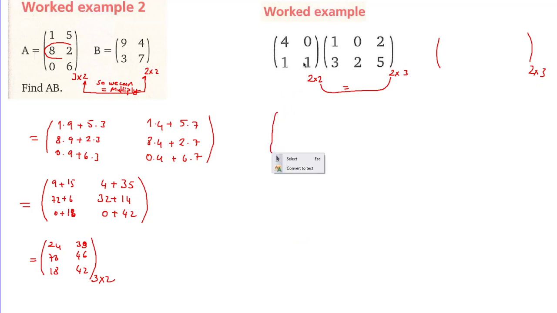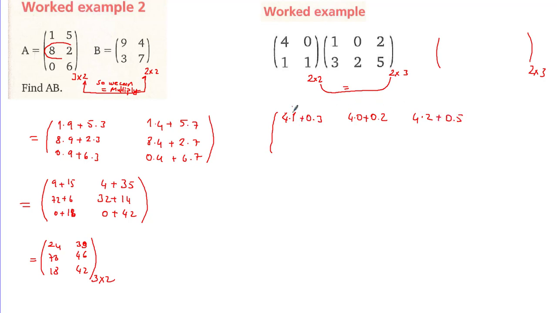So firstly, 4 times 1, and 0 times 3, it's going to come. Then 4 times 0 plus 0 times 2, and 4 times 2, this is the last one, plus 0 times 5 it's going to be.